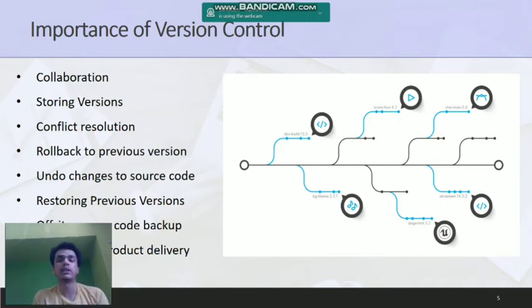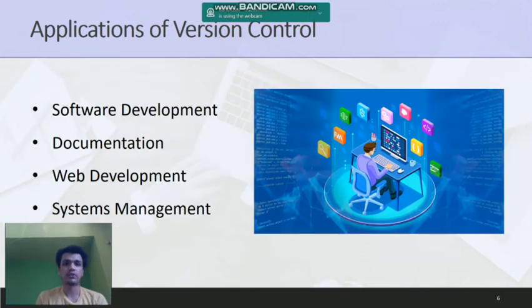Conflicts arise if you add wrong code or there are bugs in your code, and those can be solved with various techniques, such as rolling back to the previous versions, undoing the changes in your source code which are responsible for the bugs, and restoring the previous versions. There is also offsite code backup, and because of all these things, it really helps to speed up product delivery. Now we'll see the applications of version control.